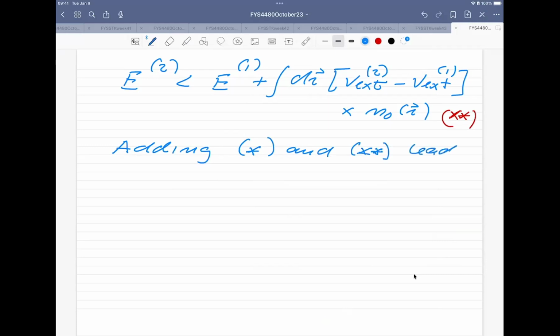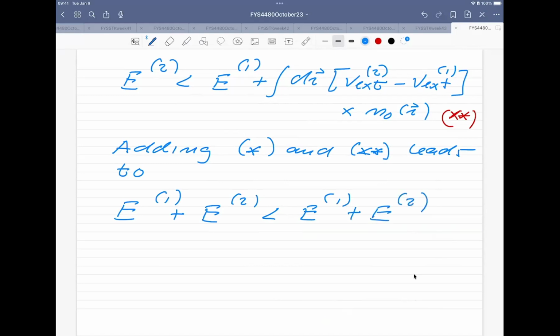It leads to E1 plus E2 being less than E1 plus E2 here. So that's clearly a contradiction if we assume that the two potentials, which differ by more than a constant, correspond to the same ground state density.